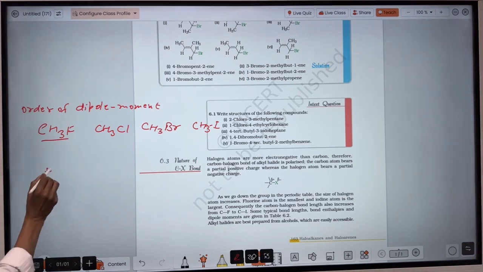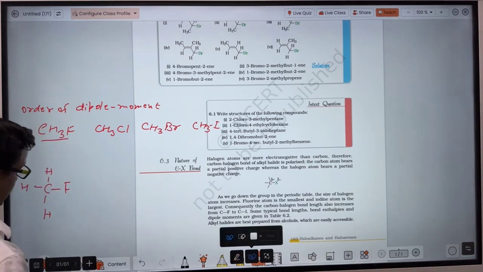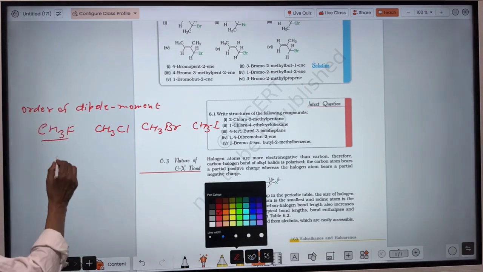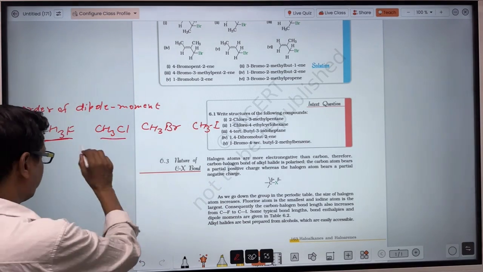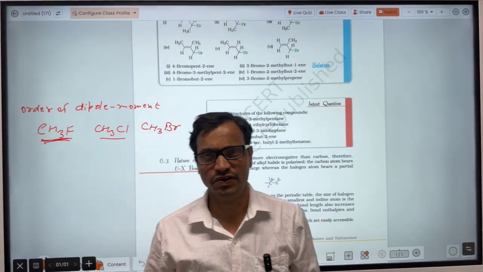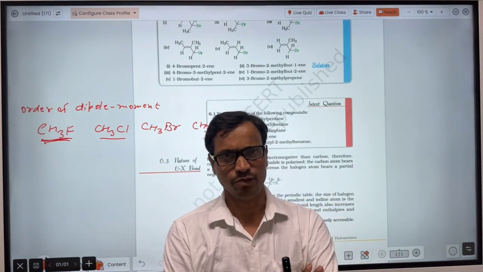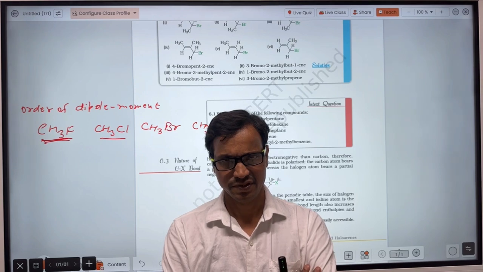The dipole moment of CH3Cl is greater than that of CH3F because dipole moment depends on the bond length and the magnitude of the negative charge on the halogen or the positive charge on the alpha carbon.